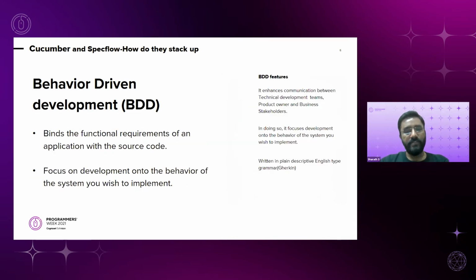Coming back to BDD, it basically binds the functional requirements of an application with the source code. As tech people, we think in terms of the code, the testing, and the automation. This is what we usually think. But from a product owner or business perspective, that's not what they care about inside the application.